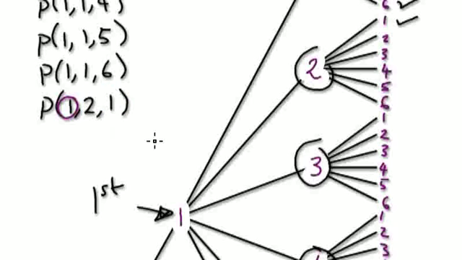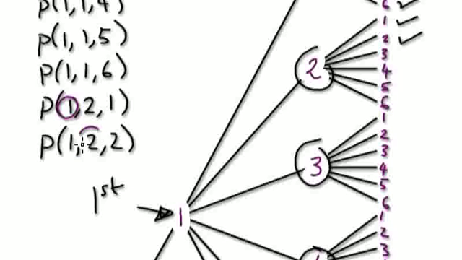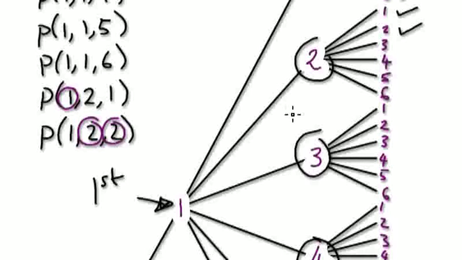And then you could get a 1, 2, 2. This is also a good outcome because you got a double here. Then 1, 2, 3 would be bad, and 1, 2, 4 would be bad. So basically, all these would be bad.